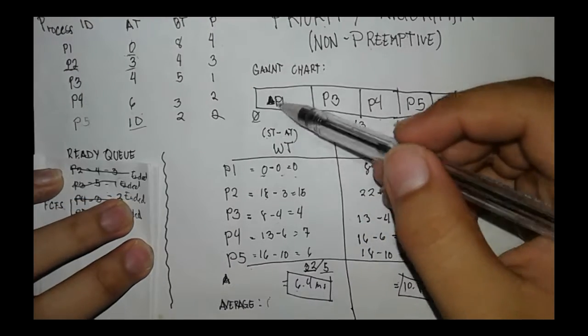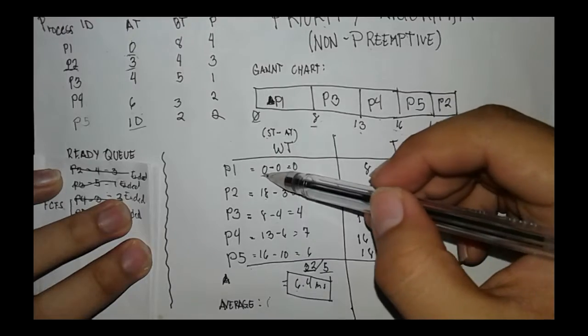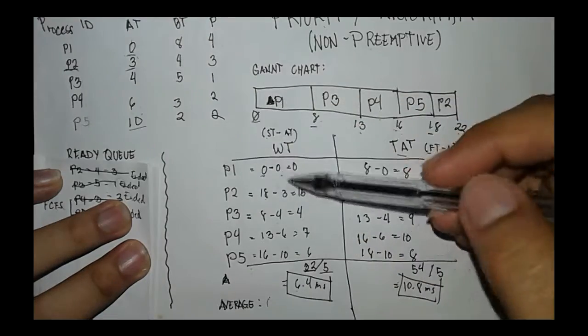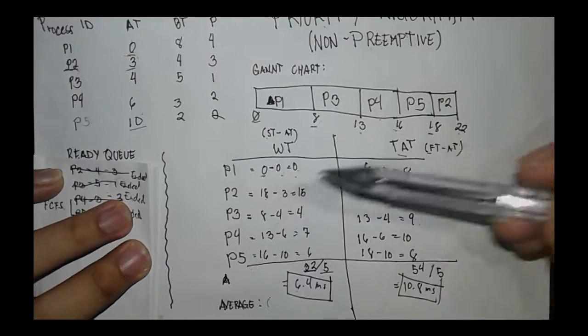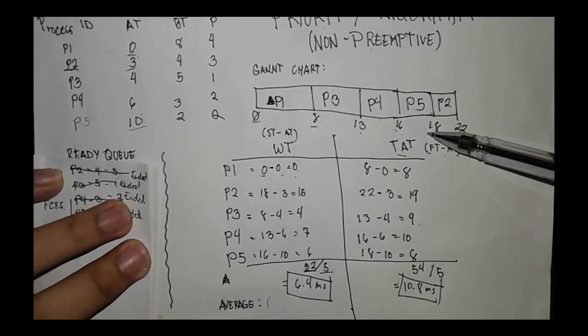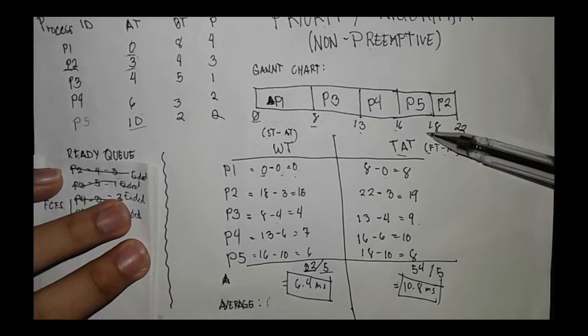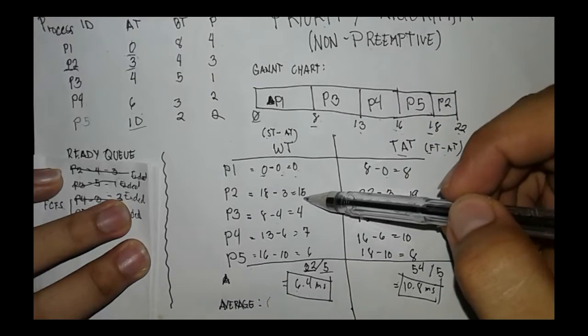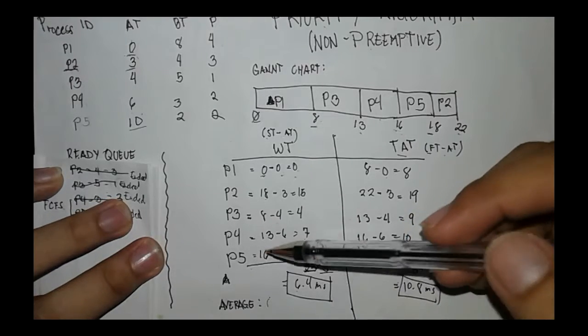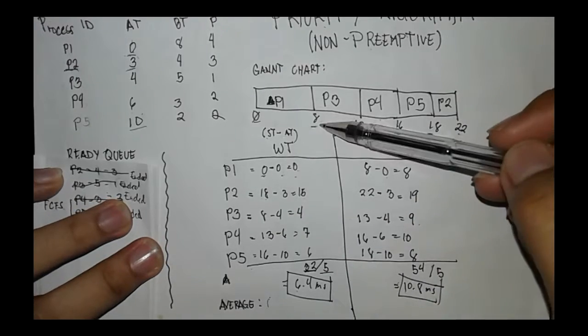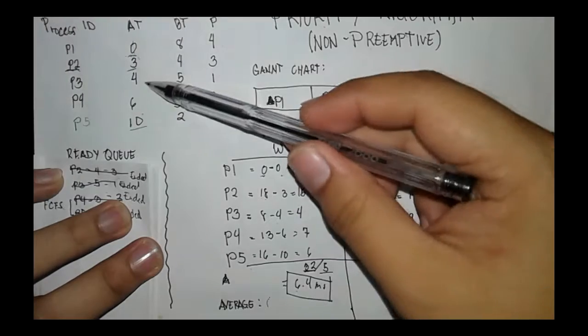P1 started at time 0 with an arrival time of 0, so we get 0. P2 has a starting time of 8 minus an arrival time of 3, so we get 5. P3 has a starting time of 8 minus the arrival time of 4, so 4.